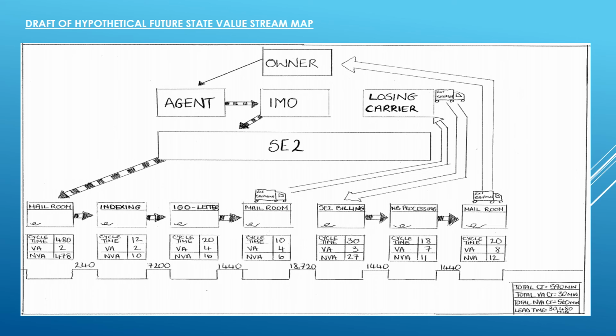If we look at our future state value stream map, it doesn't differ drastically to the first one on slide number 3, but what you will see here is it's a lot cleaner, it's a lot more defined, and the reason being we took that loop out of it where the potential for NIGOs was endless in our old one.